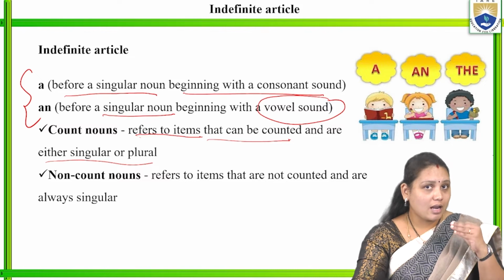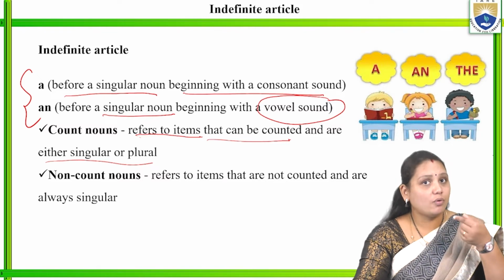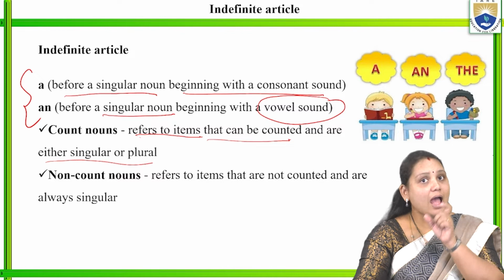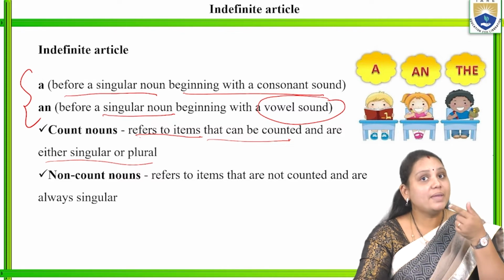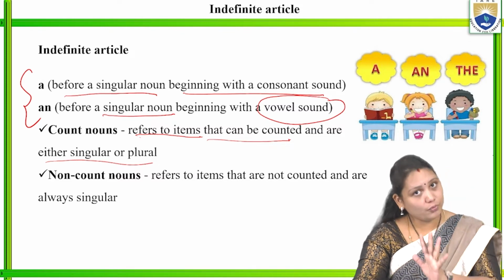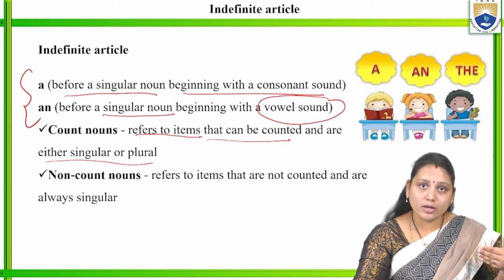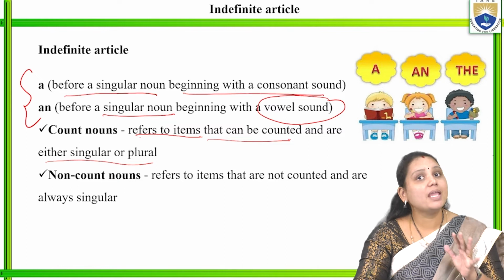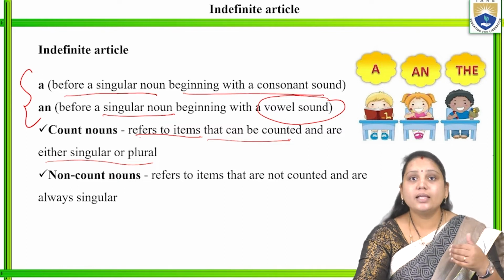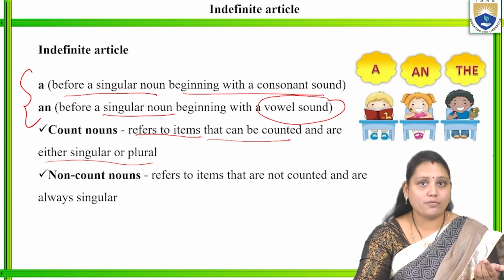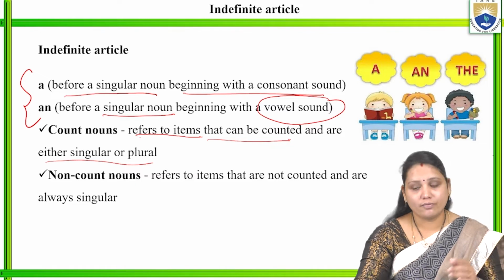So, the nouns which can be counted and have the quality of being singular or plural are called countable nouns. While non-countable nouns cannot be counted. There cannot be any plural form. It is only the singular form.